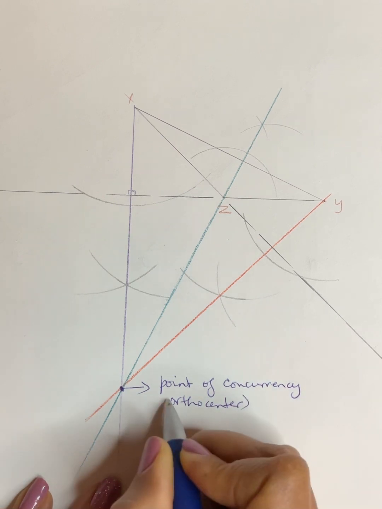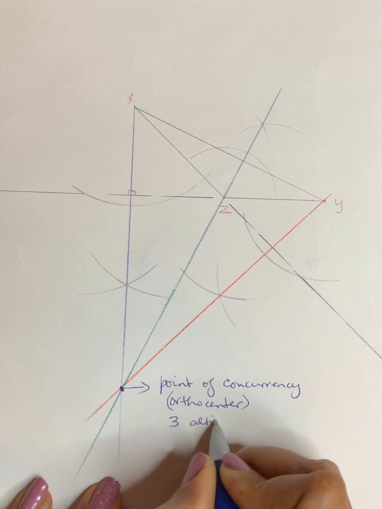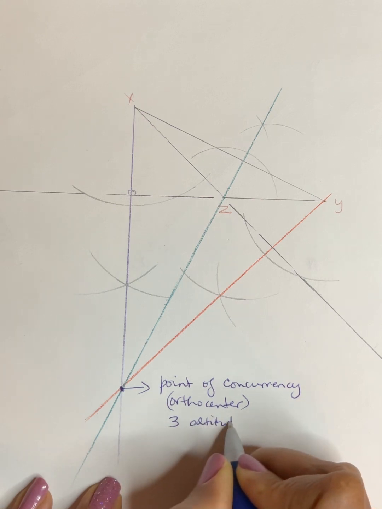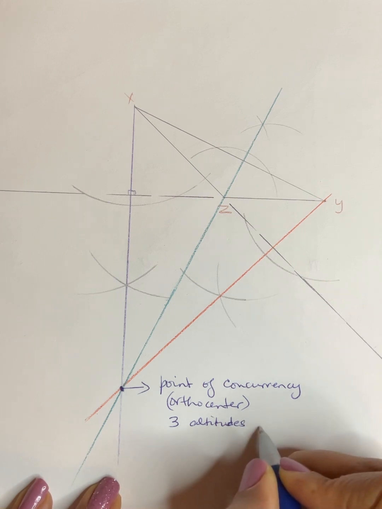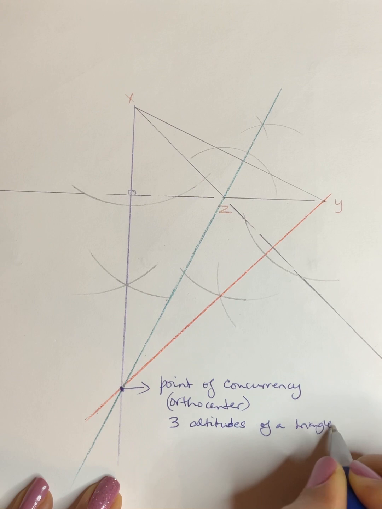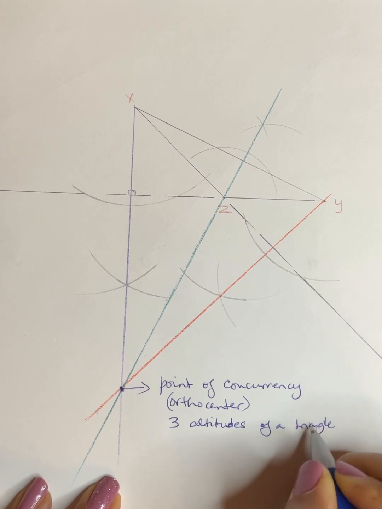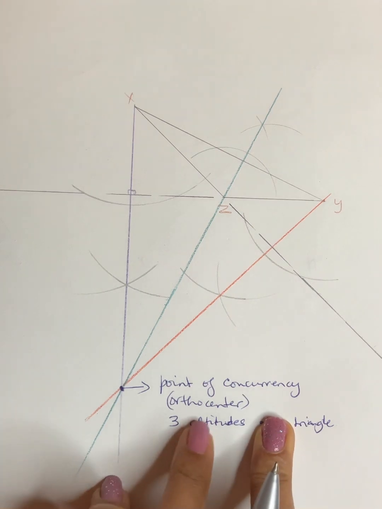All right, orthocenter. And this is where three altitudes of a triangle meet. That's what we call our orthocenter.